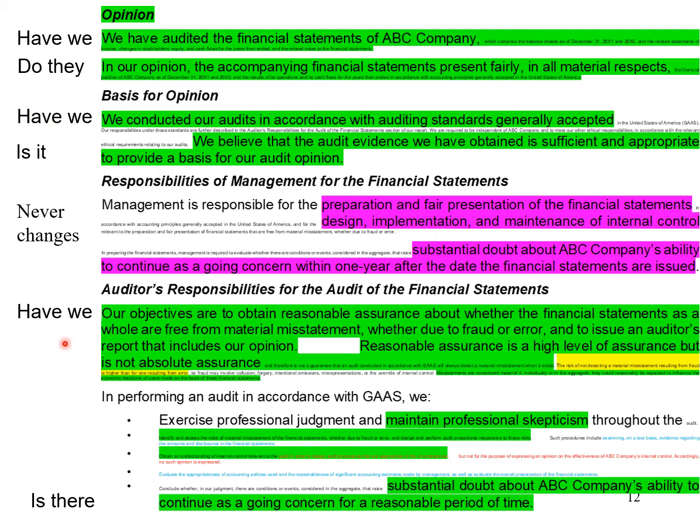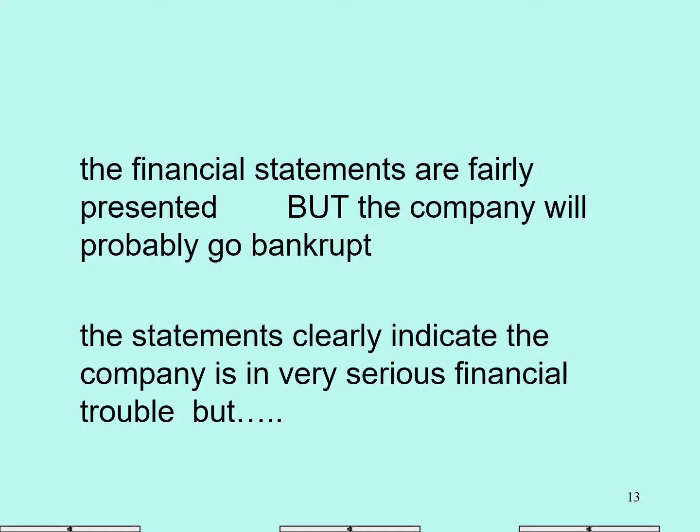Have we obtained reasonable assurance the financial statements are free of material mistakes? Yes. Does the problem mention any concern about the company's ability to continue as a going concern? No. Okay, so we're going to issue an unmodified opinion, a standard report. There's no need to change anything.